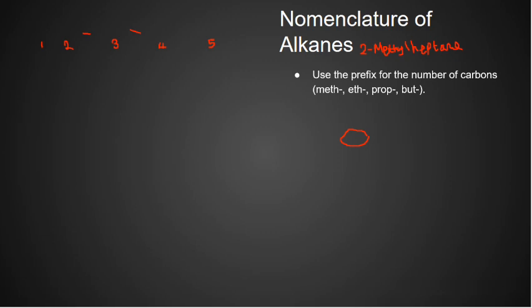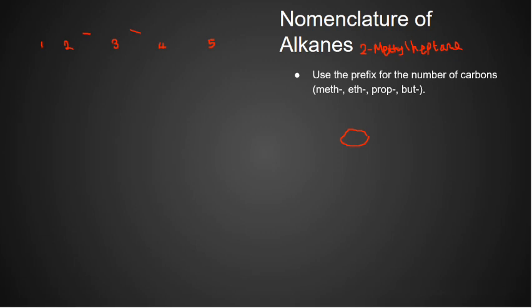For 5 carbons is pent. And so on, just like we have discussed earlier while talking about the members of the alkanes. Also remember that the alkanes only contain single bonds. The alkanes don't have double bonds, they only contain single bonds.